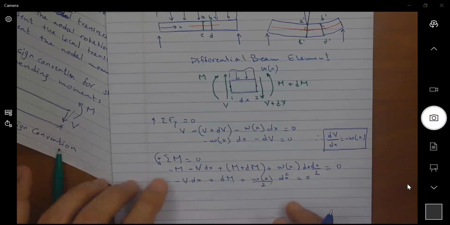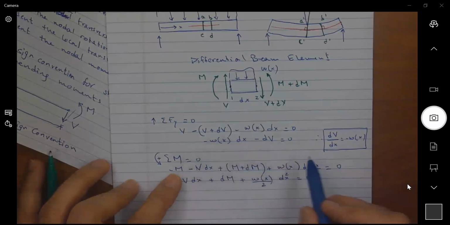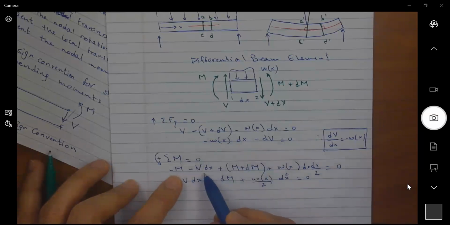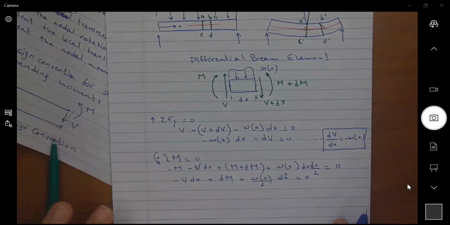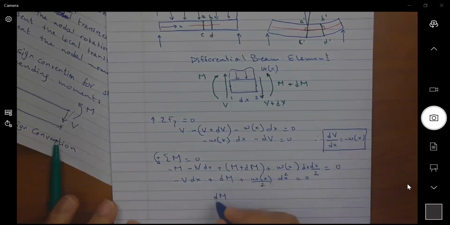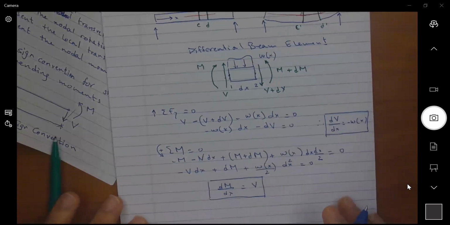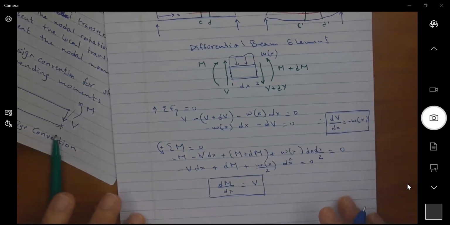Oh, yeah, minus V. And we have dV by dx equal to minus W of x. So we can show here that dM by dx is equal to V. And this was the relationship we used. The slope of the moment at any point is equal to the shear force.